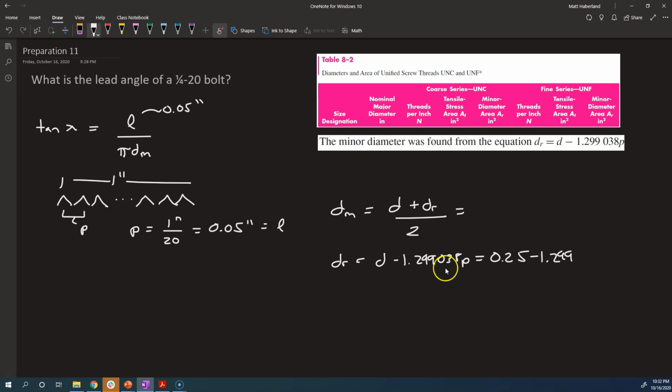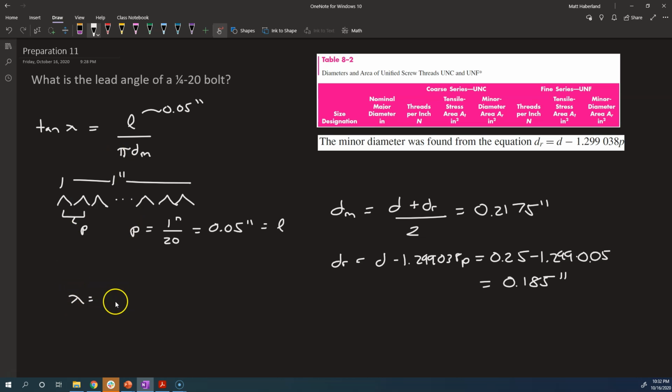Substituting, we get that the root diameter is 0.185 inches. So the mean diameter is the average of this and d, the 0.25. That's 0.2175 inches. All right, so now we can find what lambda is.